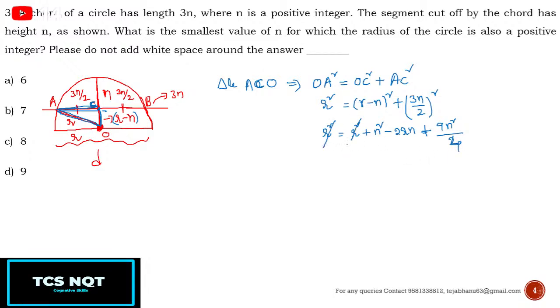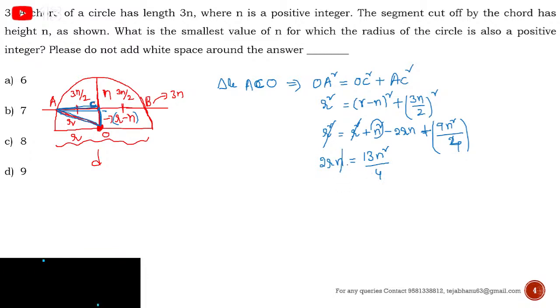R square gets cancelled. 2rn is equal to n square plus 4n square by 4, and if you take the LCM, it will become 13n square by 4. The n and square get cancelled.